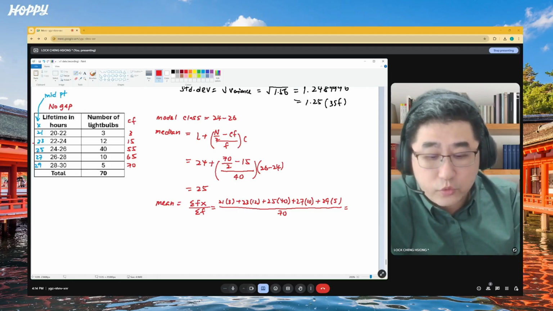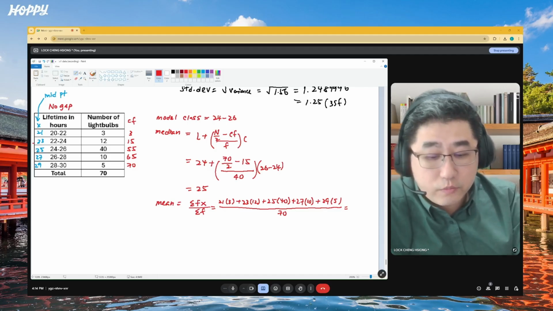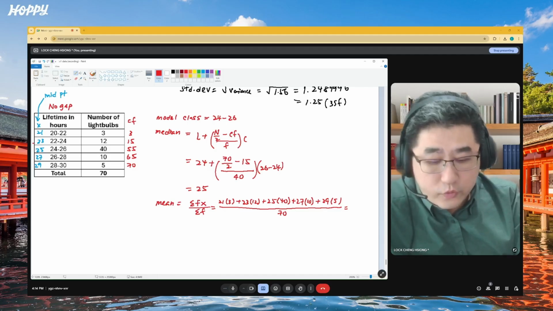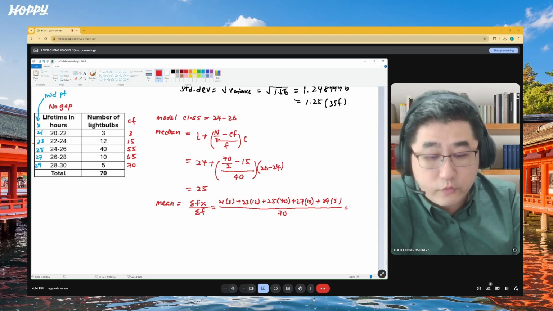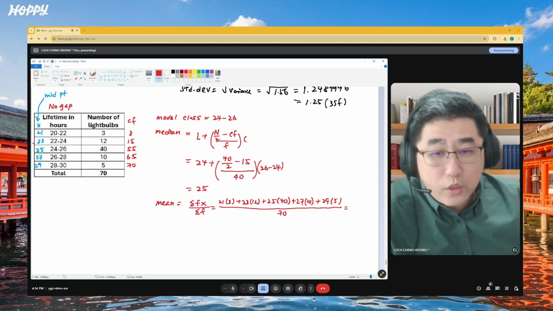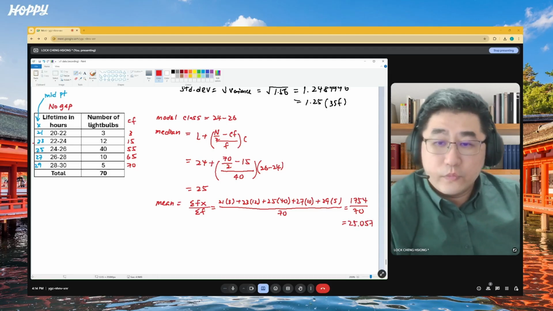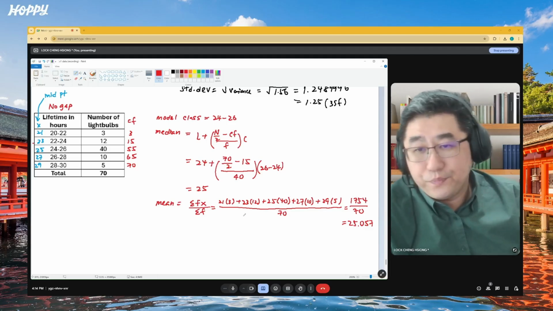Frequency 3, 12, 40, 10, and 5. So I have my sum, 1754 over 70. Then I have my mean of 25.057. That will be my mean.